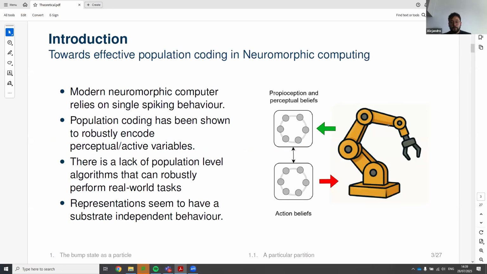Okay, so as I said, with modern neuromorphic chips and applications, even when you speak to manufacturers, they don't really consider the fact that the dynamics of the network are supposed to perform some of the computation.